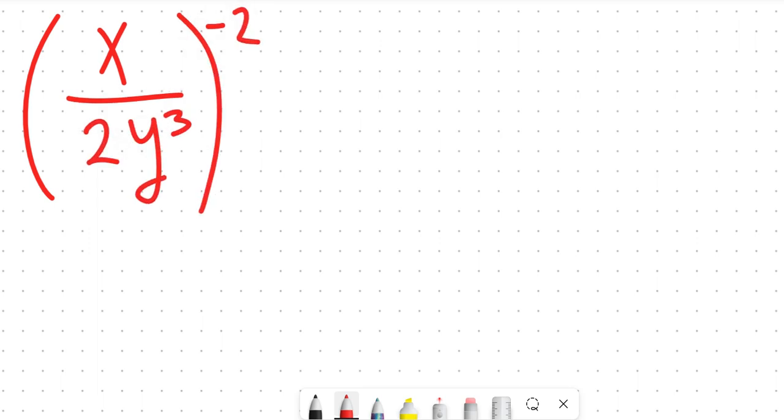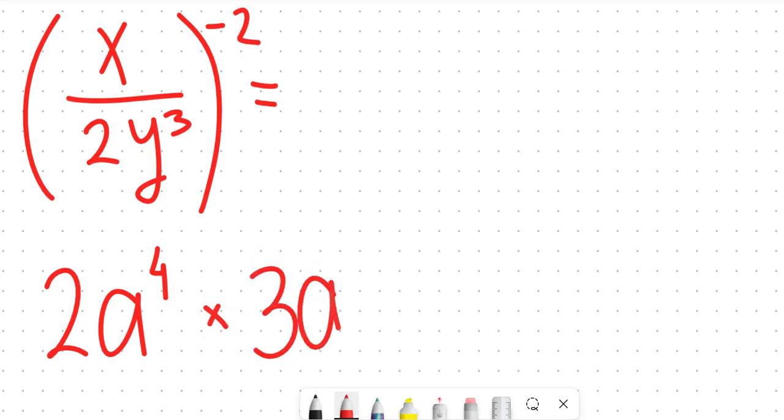So if we have, for example, x over 2y cubed to the power of minus 2, but also 2a to the 4 times 3a to the negative 2. All right. So what we have for the first one, negative exponent, flip them, your exponent becomes positive.